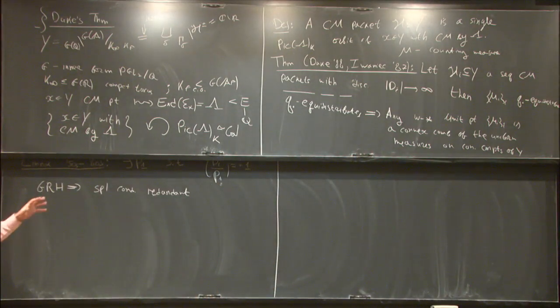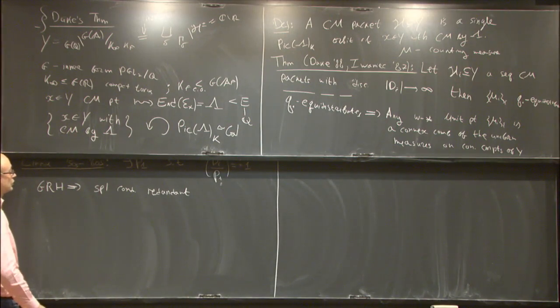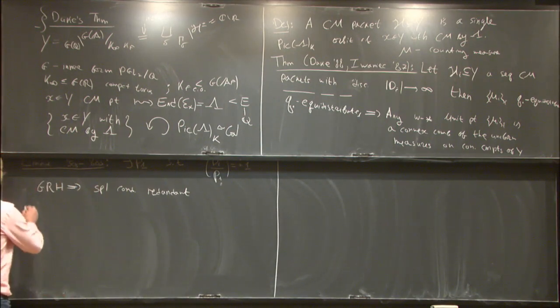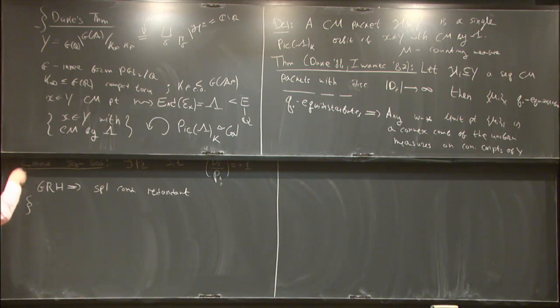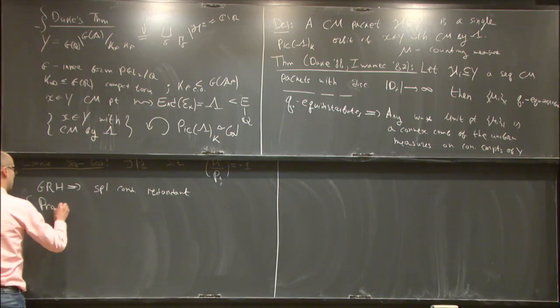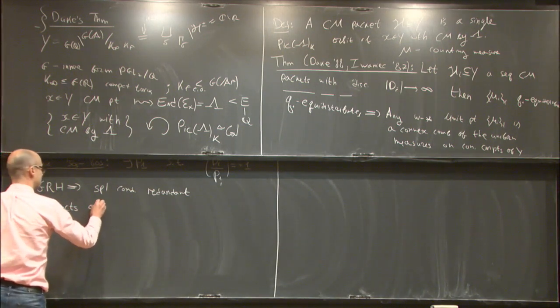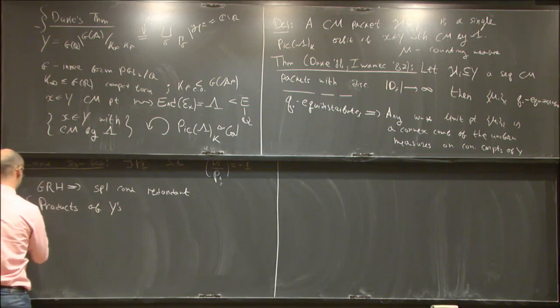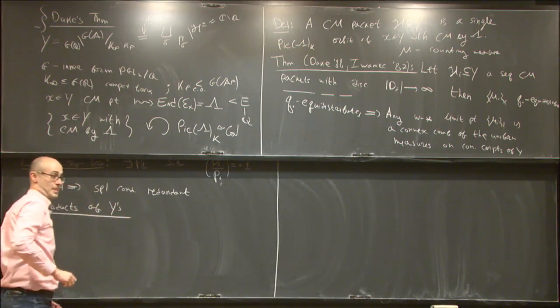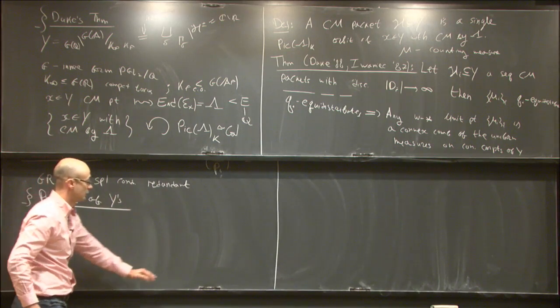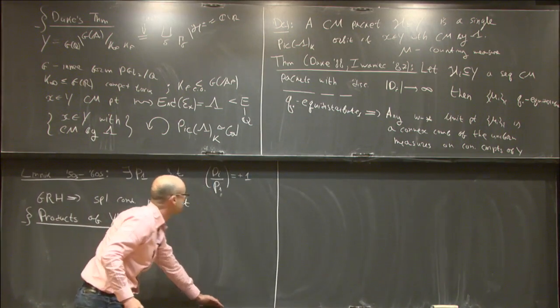So now we are going from one modular curve, which is already a well-known fact, to the situation where you have a product of modular curves, or maybe of some forms of Shimura variety. So products of Y's. Okay, no, that's not a good idea to lift it.